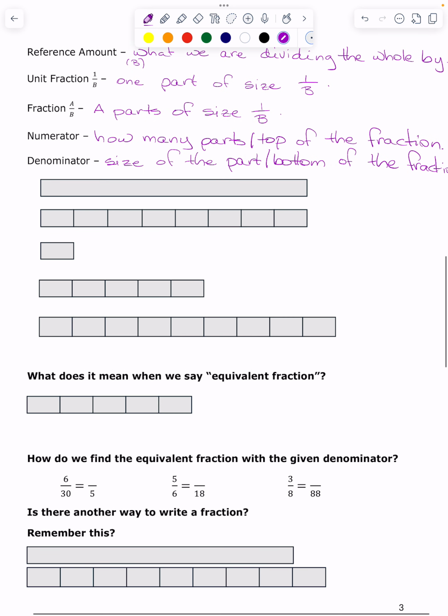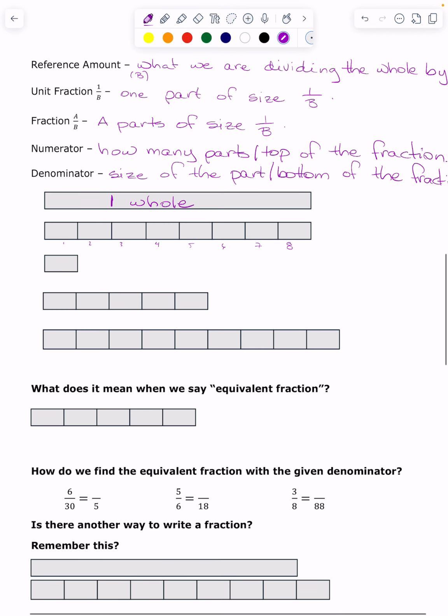And so here, if we are calling this 1 whole, right, that's our unit. This entire bar is 1 unit. And below, I have it divided into 1, 2, 3, 4, 5, 6, 7, 8. 8 is our reference amount.